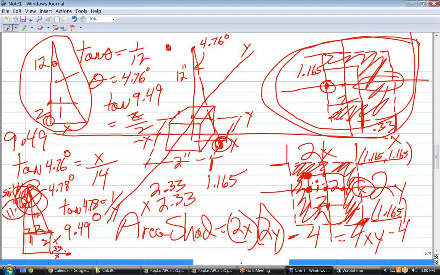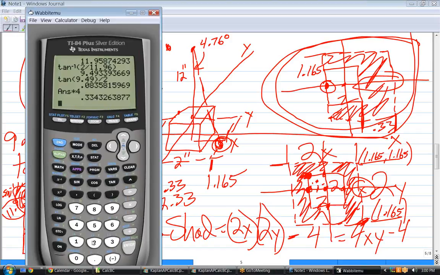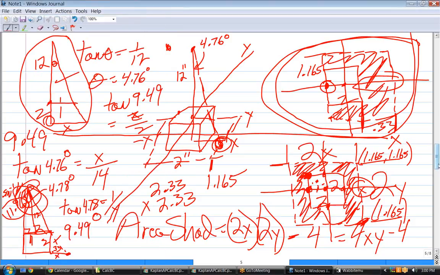It's 2.33 times twice that, the length of that vertical dimension of the shadow. So it's 2.33 times 2.33 minus 4. I think that's the same number. 2.33 squared minus 4 equals 1.42. Is that not what I got before?